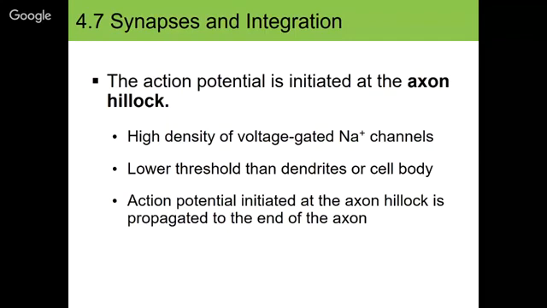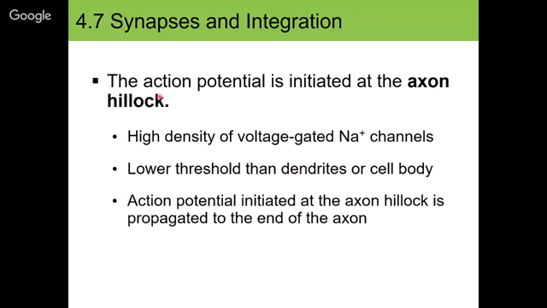It's a highly sensitive region, and it has a lower threshold than what you would see in the dendrites or the cell body of a neuron, okay? The sensitive region is where you would set off your action potential, and once that's initiated, nothing has to be added, right? It just goes along the rest of the axon, propagated to the end of the axon, okay?